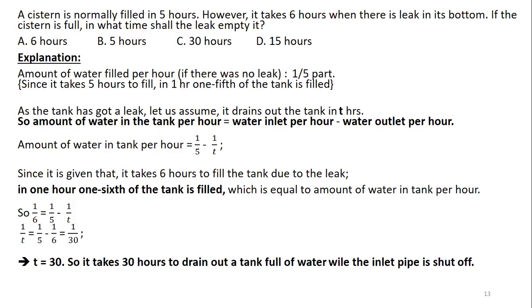So the 1 hour job done by A plus B is how much? 1 by 6. So equate that. You get 1 by 6 equal to 1 by 5 minus 1 by T. Solving, you get T is equal to 30. So if the tank is filled and only the emptying pipe or the leakage pipe is open, it will take 30 hours for the pipe to empty the tank.